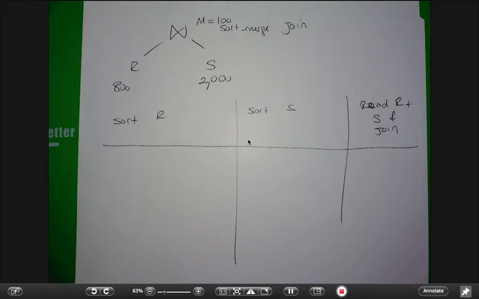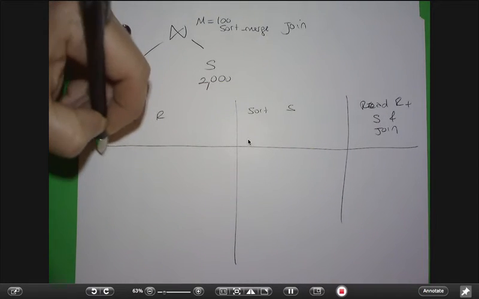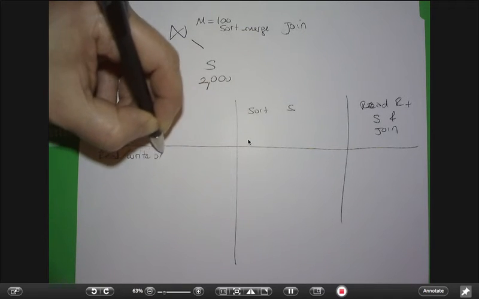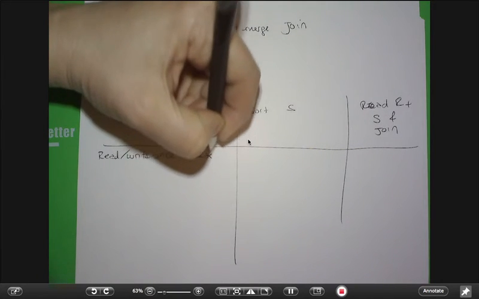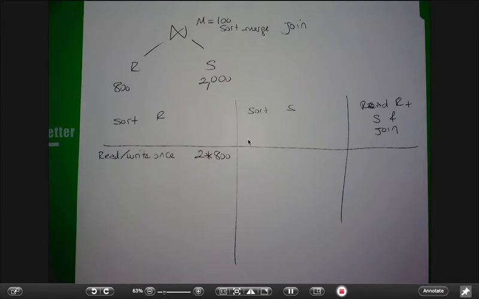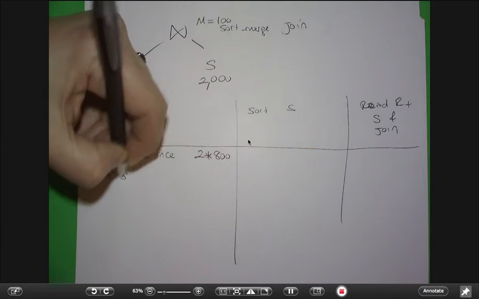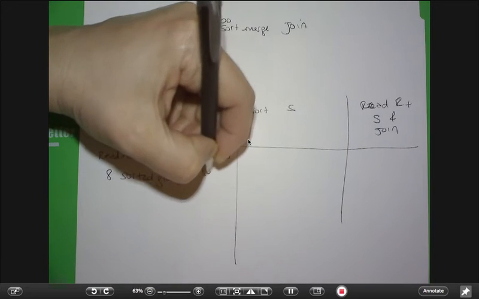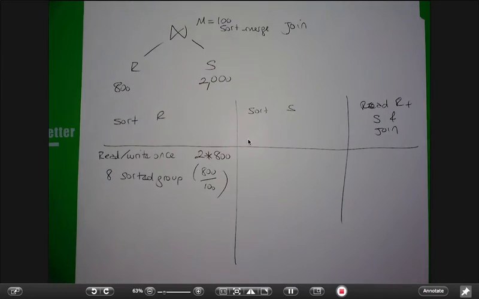What's going to happen is you're going to read R and write it once. That means your cost is 2 times 800. And this is going to produce partially sorted groups. That's going to be 8 sorted groups, because you have 800 divided by 100.